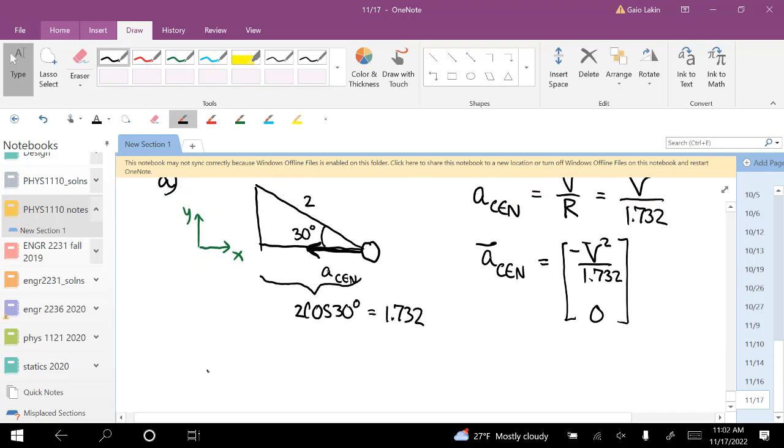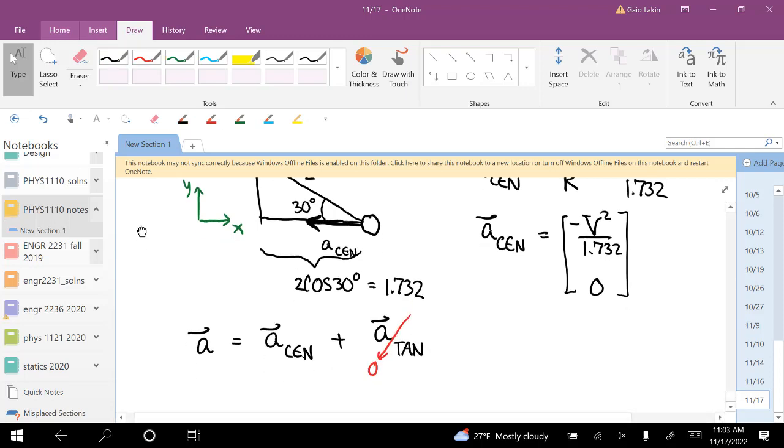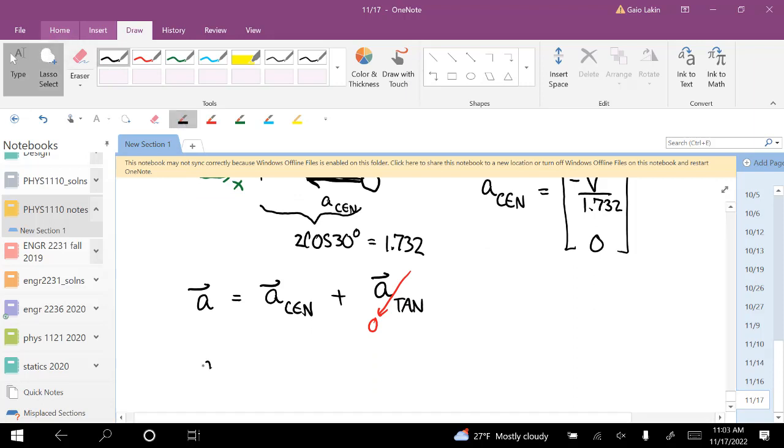So the total acceleration is just equal to the centripetal. And so it's negative v squared over 1.732 and then 0 for y.